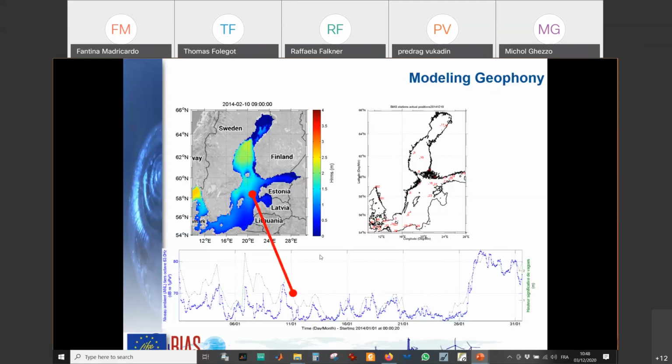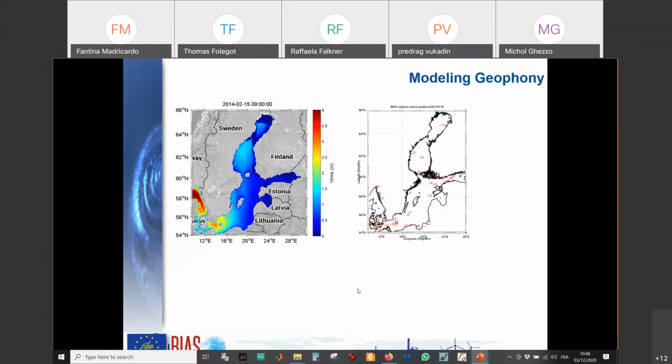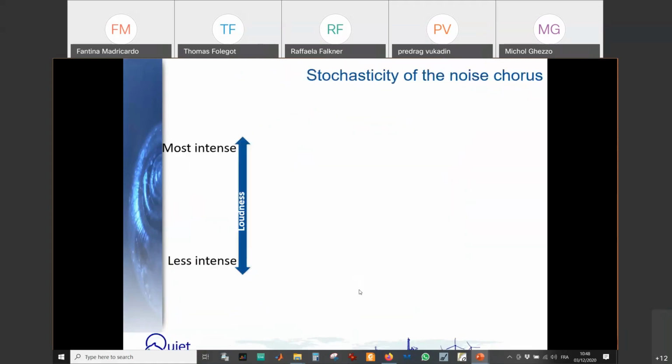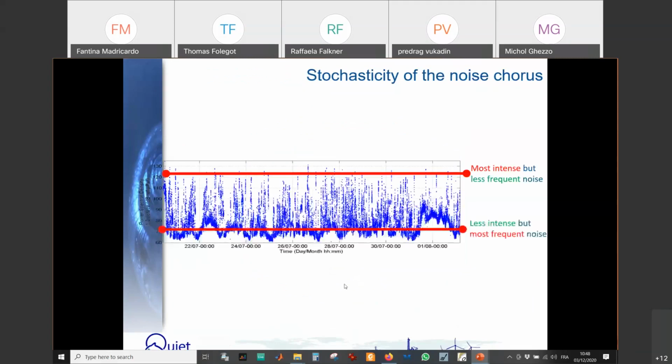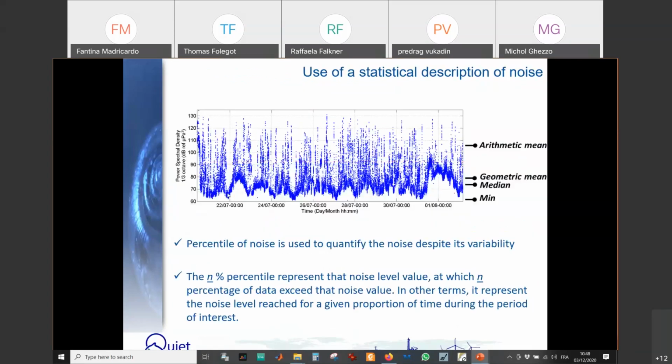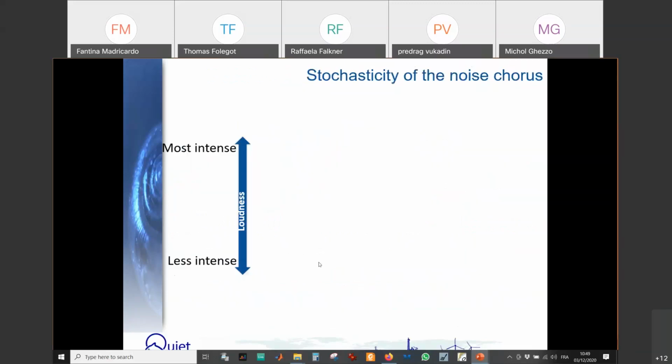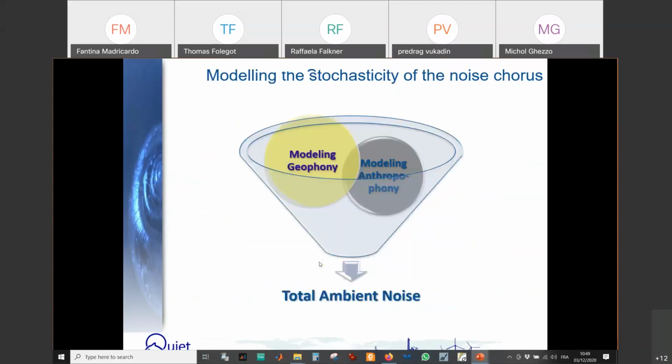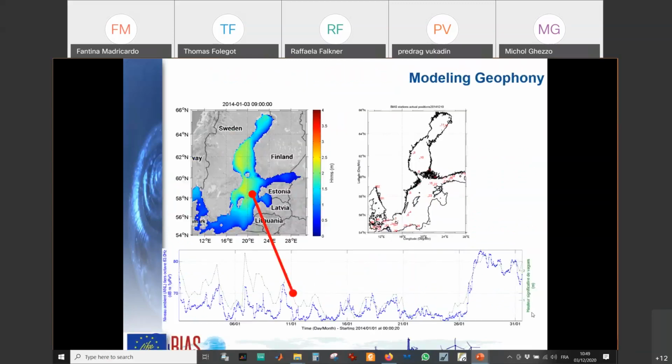And what we did is we compared what we call the background noise. We compare that curve here, that level here on the bottom of my measurements, to the estimation of the wave height in green.